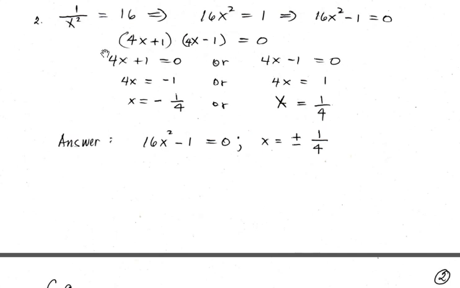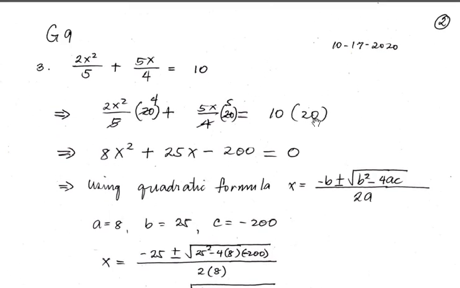These now are linear factors, and we can solve easily for the values of x. Then the values of x in this particular exercise are plus or minus 1/4. The required answer is 16x squared minus 1 equals 0. We're done with number 2.